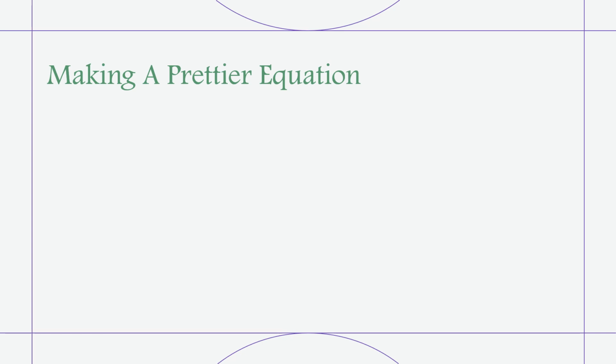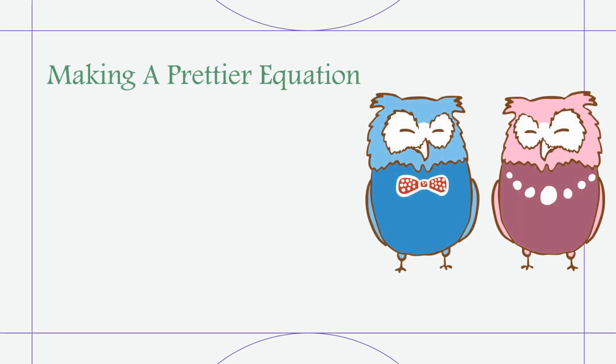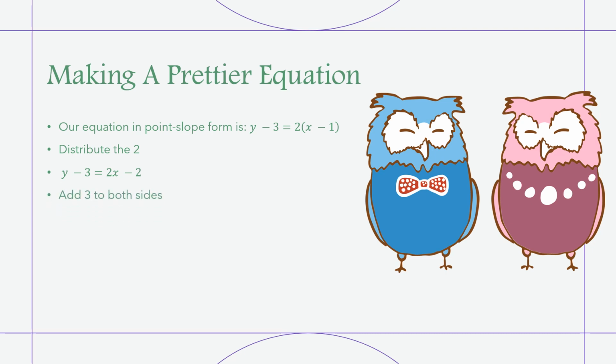Let's clean this up a bit. If we distribute the 2 on the right side of the equal sign, we are left with y minus 3 equals 2x minus 2. Then we can go ahead and add 3 to both sides, which will leave us with y equals 2x plus 1.